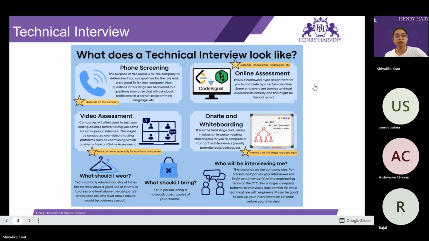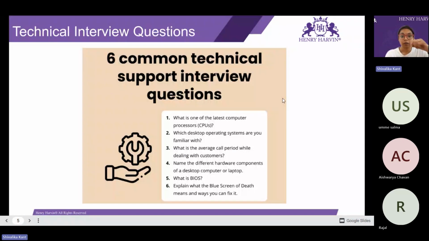Now, when we talk about some of the common questions for the technical interviews, it depends on the type of background or the industry that you are working in.